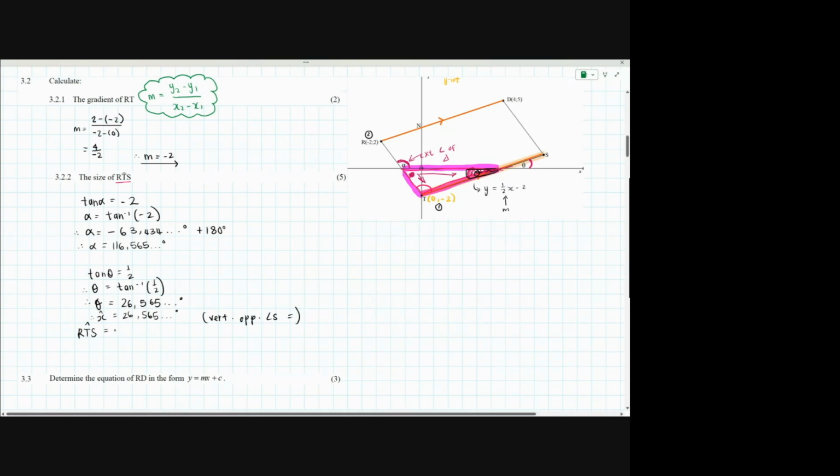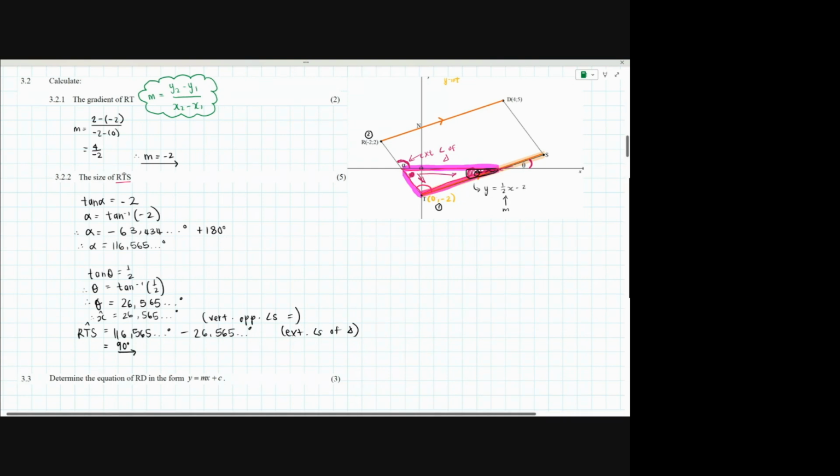And so RTS is equal to 116.565 minus 26.565, etc. My reason, exterior angles of a triangle. And so we get that RTS is equal to 90 degrees. Right.